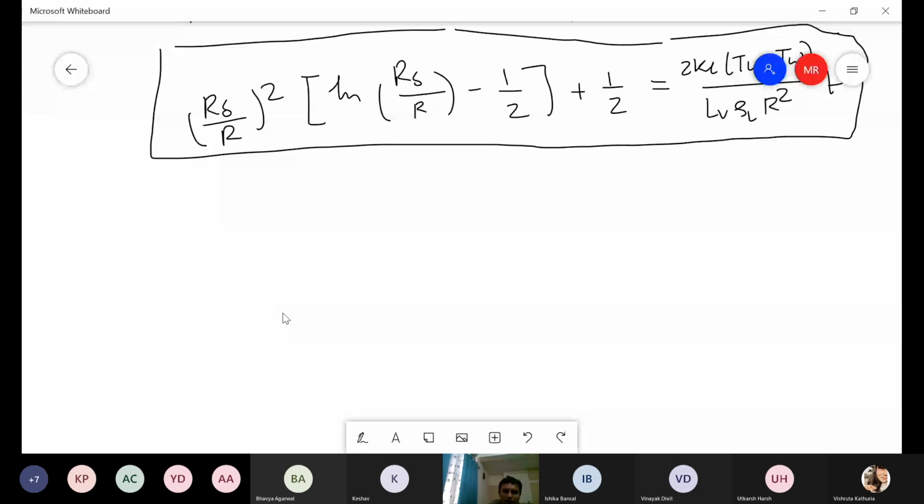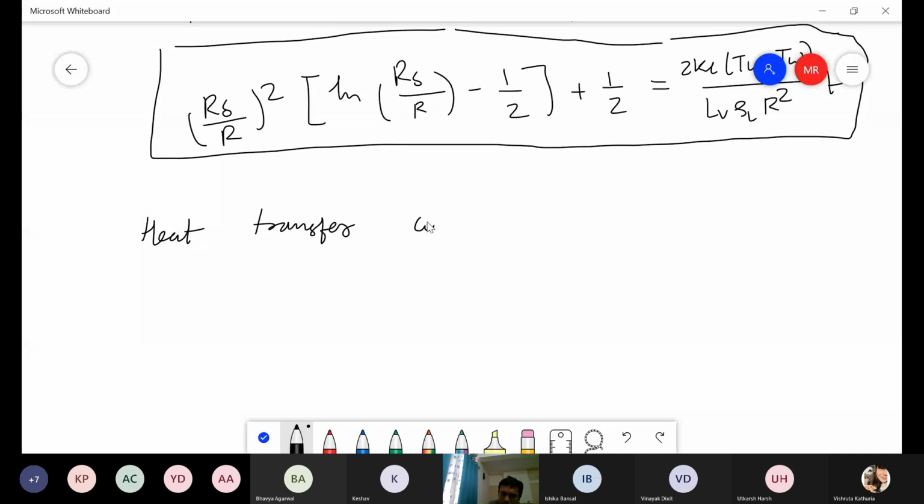So the heat transfer coefficient in this case is obtained as: h is given as Q divided by 2 pi R L, that is the area, into T_V minus T_W.